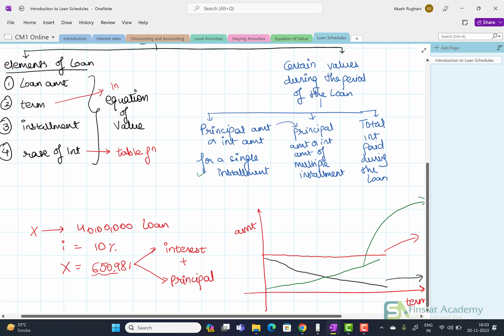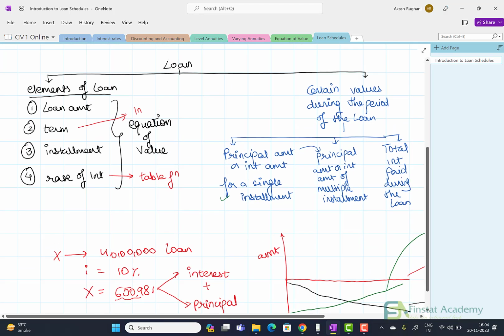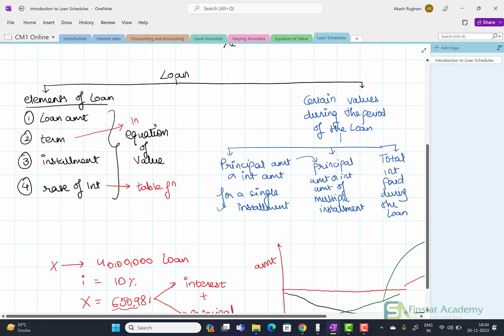And finally, the total interest that got repaid during the loan. These are very fundamental questions which everyone needs to understand. Anyone who takes a loan needs to understand how much is interest, how much is principal, how he is going to repay the loan, how much the bank is earning and how much he is paying. This is a very practical thing we are looking at.